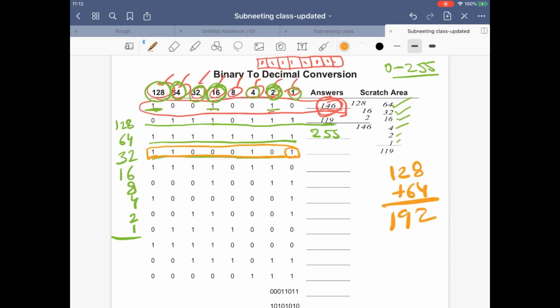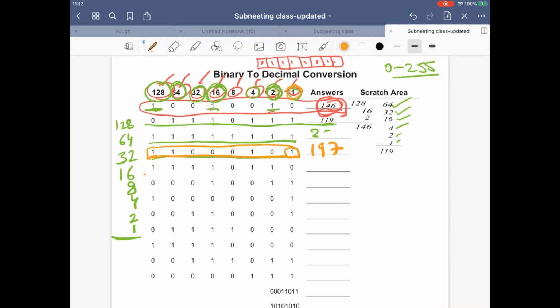After that, 1 is here, this value is 1, so the answer is 193. No, there is a 1 for 4, right? There is a 1 for 4, next to it. So 192 plus 4, the answer will be 196... 197.